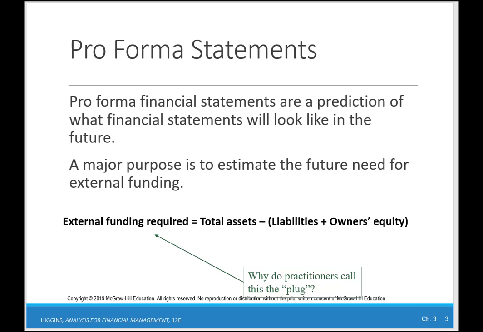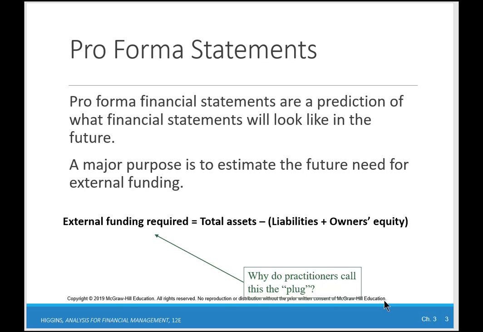That implies that the balance sheet will rarely, if ever, balance from our prediction. We then need to talk about what's called a plug figure. If this plug figure is positive, it implies that we need more money. If it's negative, it implies that we have more money than we need.